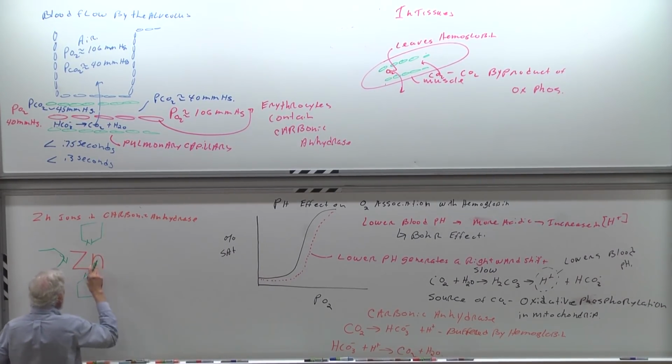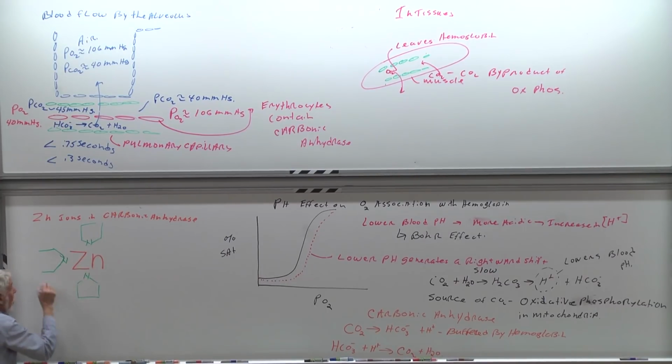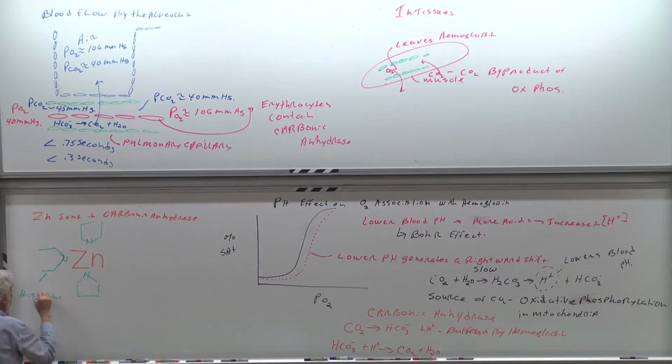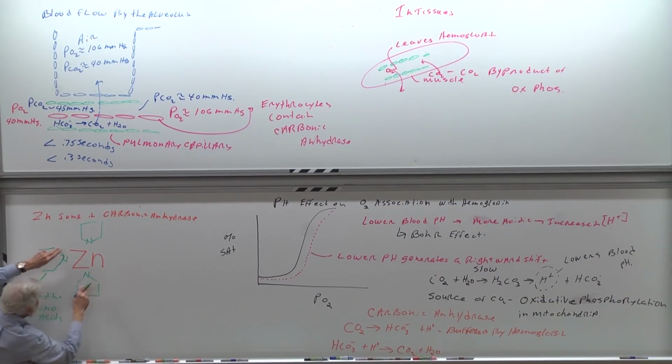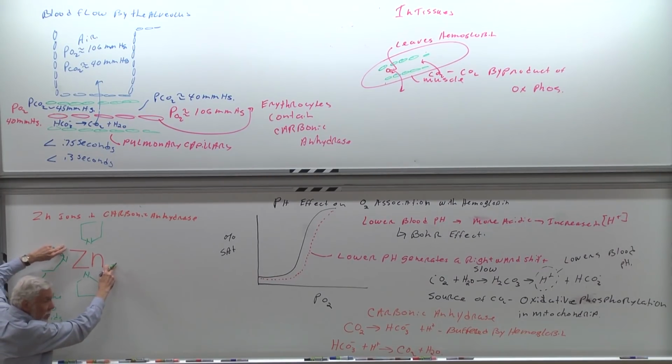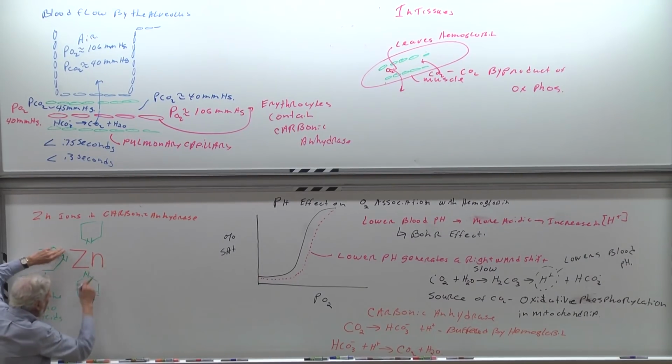But in the case of hemoglobin, there were 5 nitrogens on these histidines. And hemoglobin, you remember, there was an iron, and there were 4 nitrogens coordinating with it. You'll notice here there's an open spot. There isn't a 4th histidine at this point.